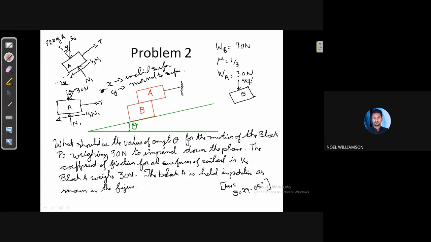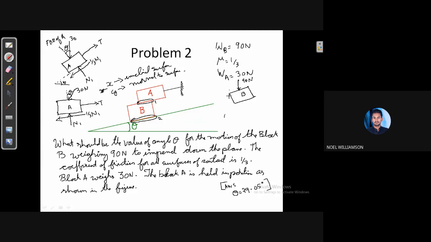It will be acting vertically downwards, and here you are considering the free body diagram of B. So we are considering B is moving and all others are kept stationary. So you have two contact surfaces, a contact surface here and also here. This is contact surface 1 and this is contact surface 2.